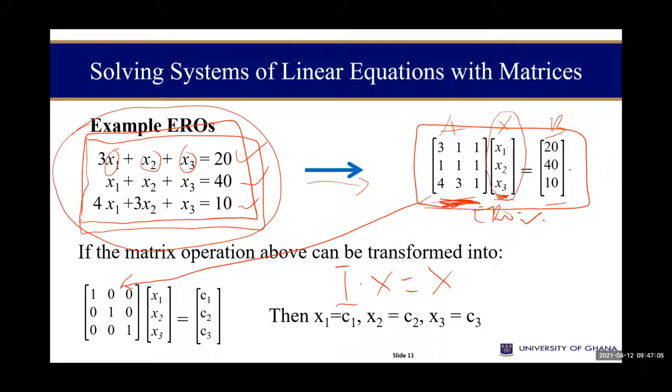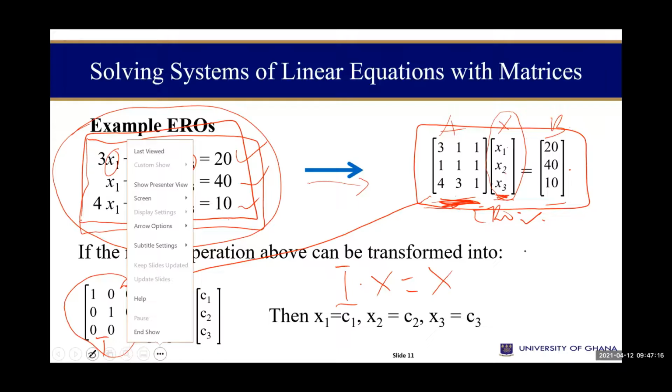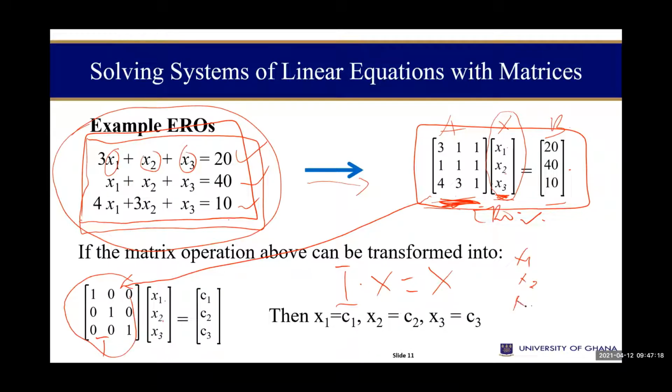So if I transform matrix A into an identity matrix I here, when I multiply this by x1, x2, x3, I'm still going to get x1, x2, x3. Then, as long as matrix B here, the raw materials, has also changed to C1, C2, and C3, x1, x2, x3 will be equal to C1, C2, C3.